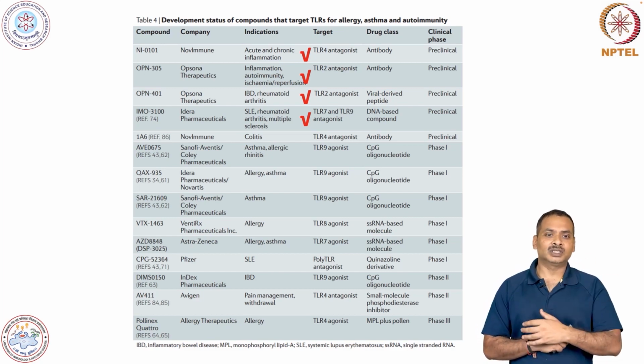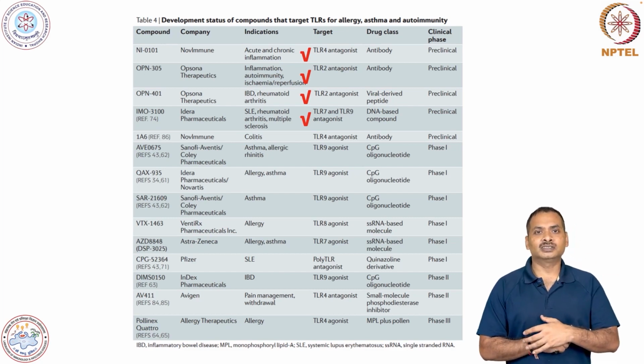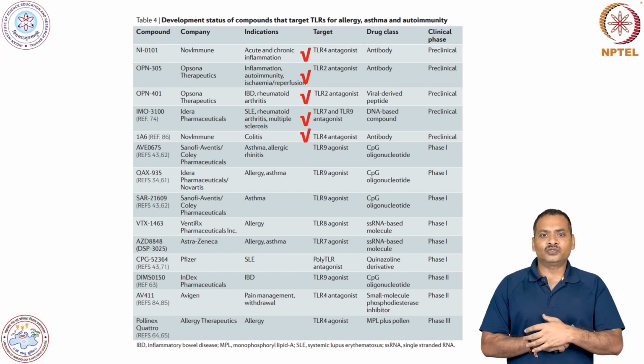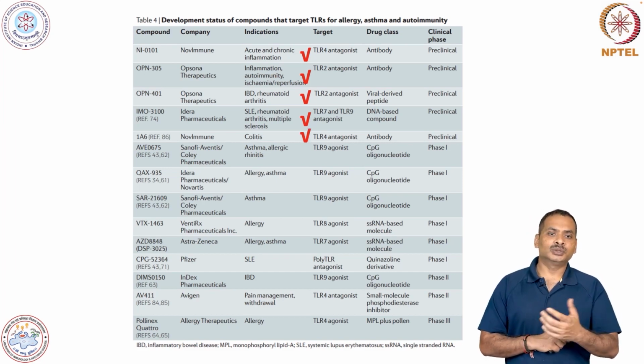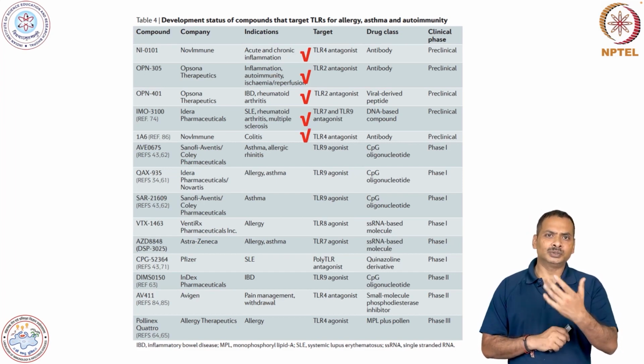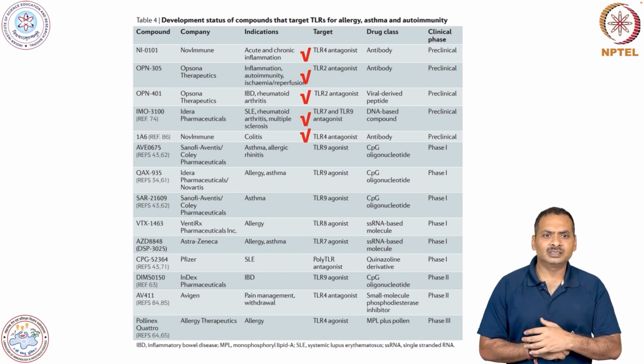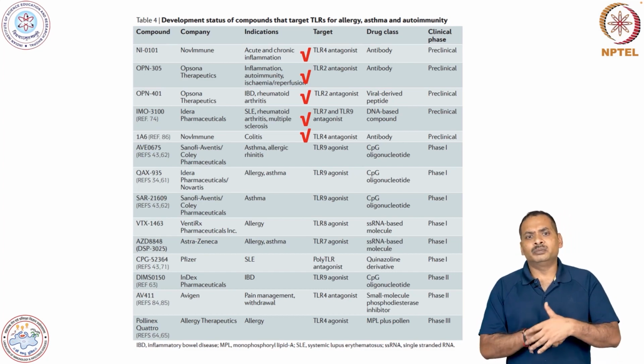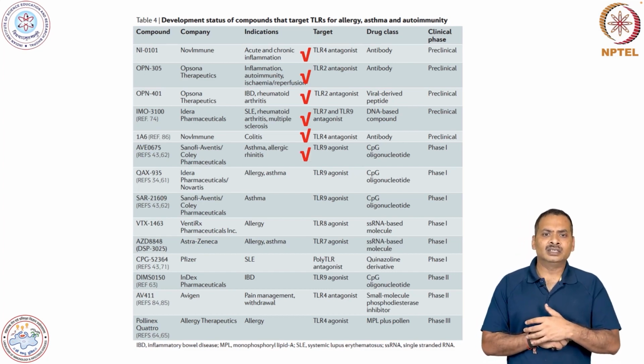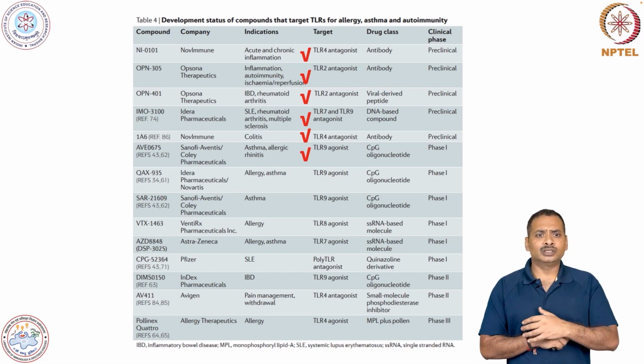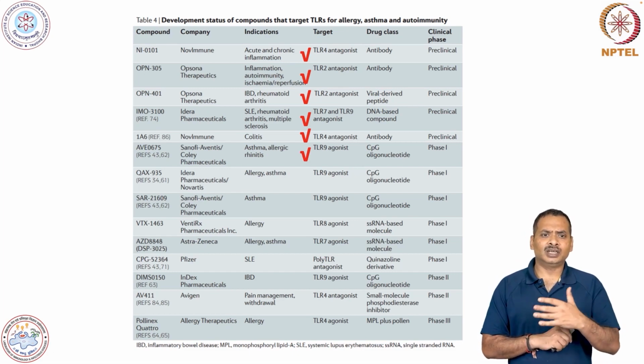I have discussed multiple sclerosis earlier. A TLR4 antagonist can also be used in colitis. It's a colon inflammation. Okay, TLR9 CpG oligonucleotide is also used in asthma, allergy, rhinitis.